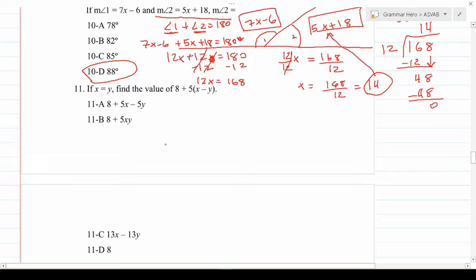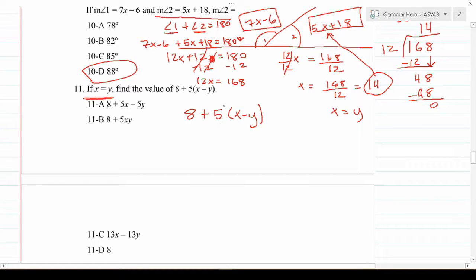Alright, number 11. If x equals y, find the value of 8 plus 5 times x minus y. Again, this is another identity problem where you have to use the fact that x equals y to find the answer. So we have 8 plus 5 times x minus y, and we're told x equals y.